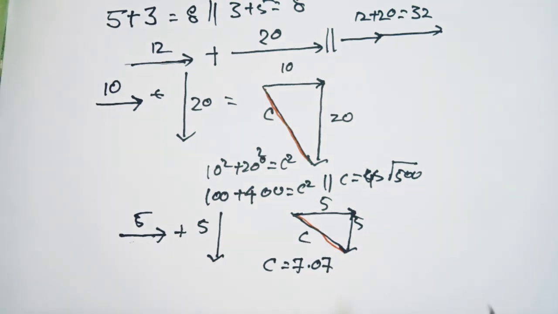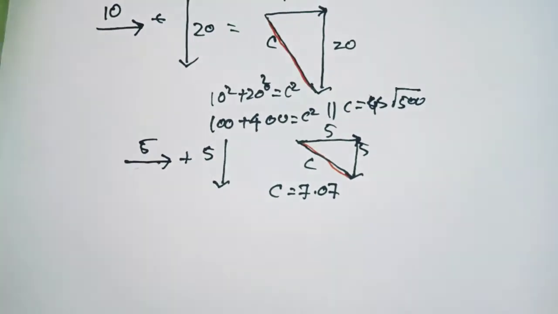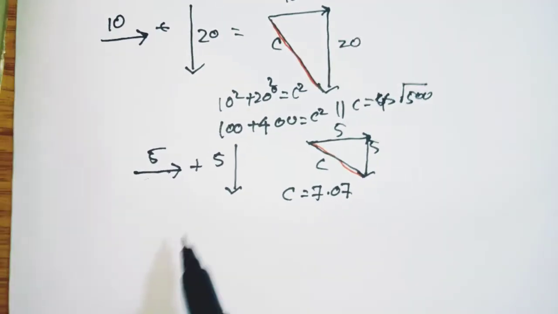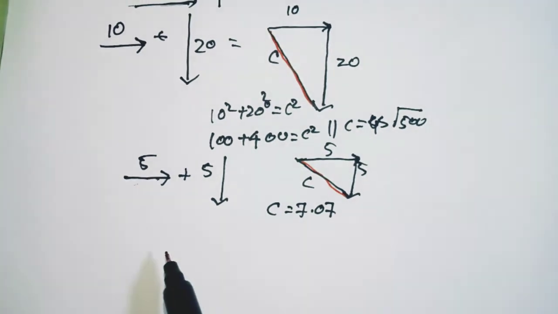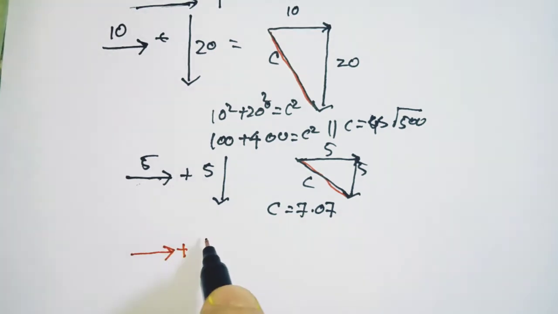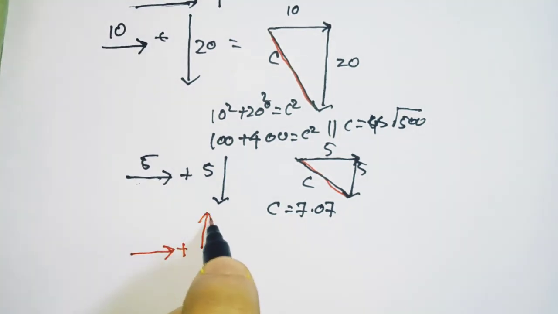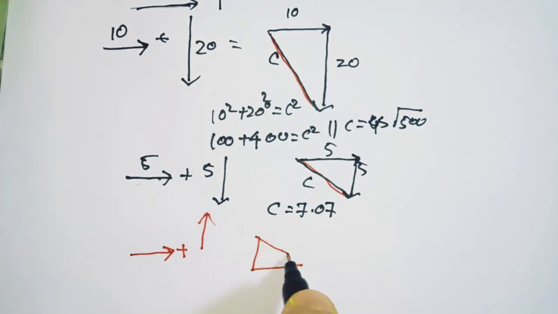What I'm trying to tell you, let me summarize. If I get a vector, say, in this direction, plus I am adding a vector in this direction, case 1, whatever happens, the result will eventually be this part.